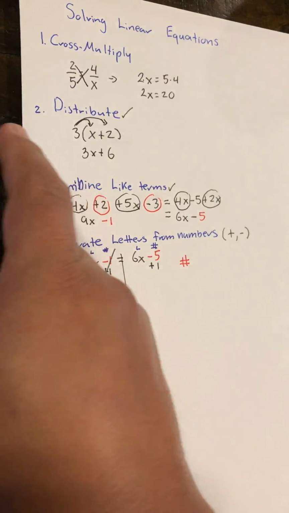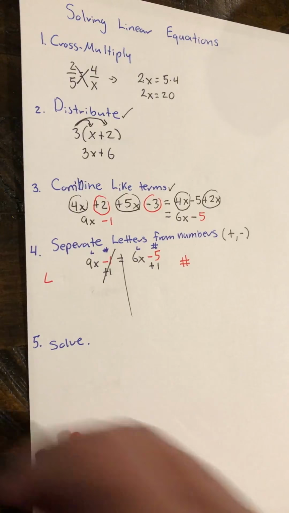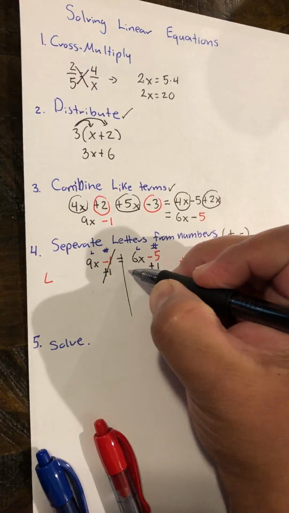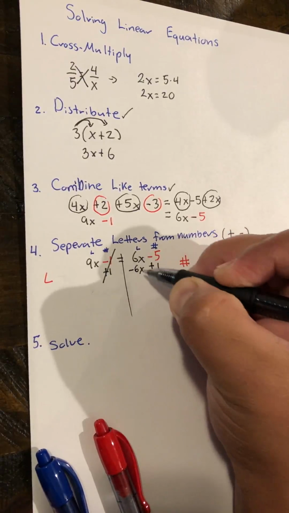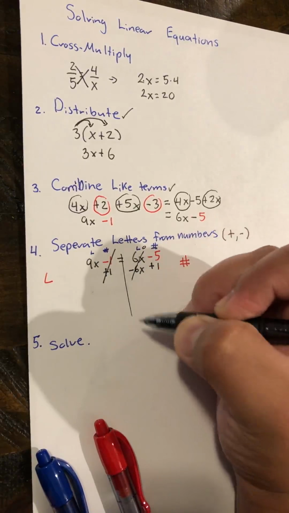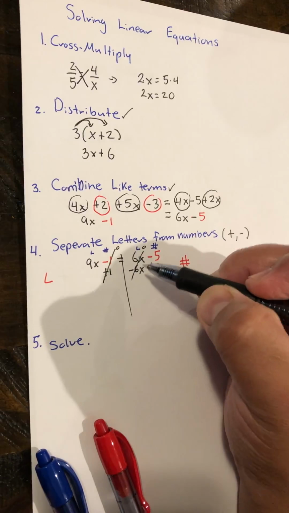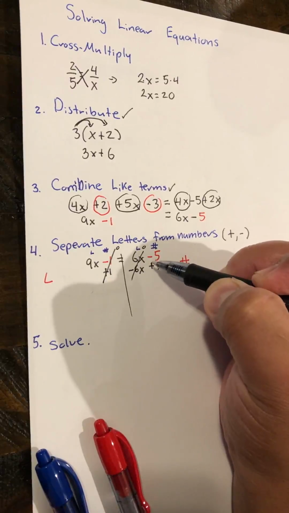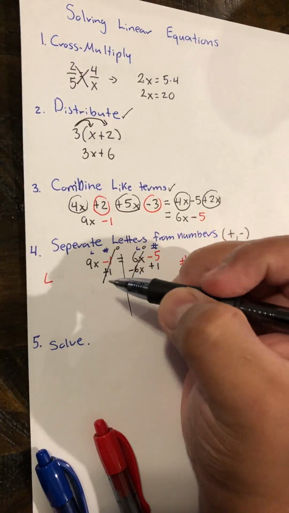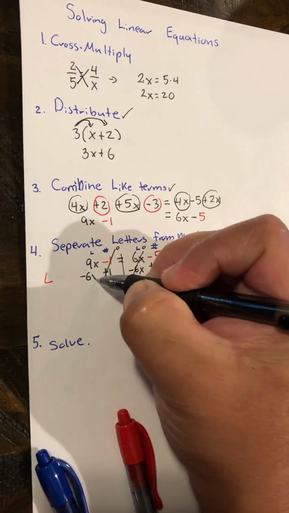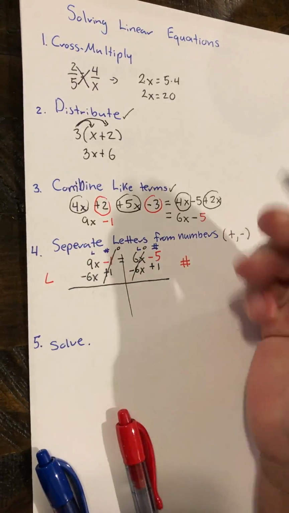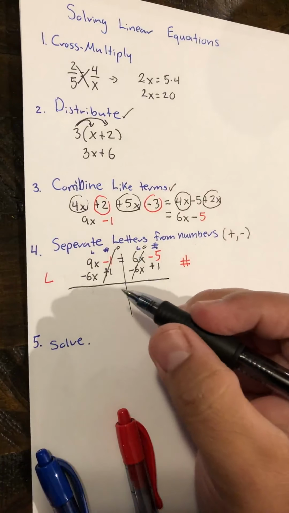The way to get rid of that positive 6x is to do a -6x. 6x take away 6x makes 0, just like before with those numbers. If I take away 6x from this side, I have to take away 6x from this side also to keep them equal.